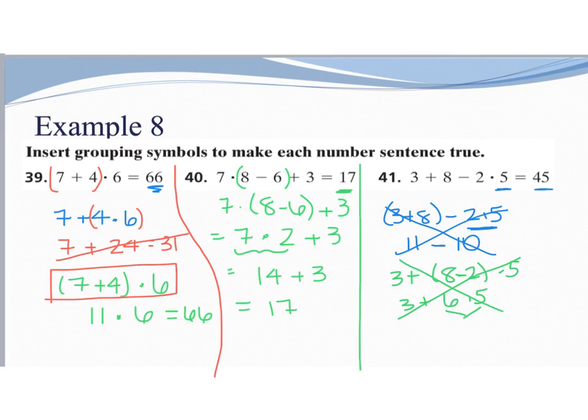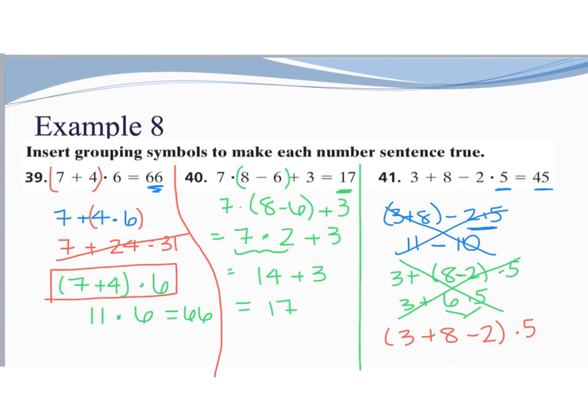So on this problem, I'm going to have to do something a little different. Here, I'm going to try to group the first 3 terms together. So I'm going to have the quantity of 3 plus 8 minus 2. Then I'm going to multiply that by 5, and we'll see what we get. Inside my parentheses, I have addition and subtraction.